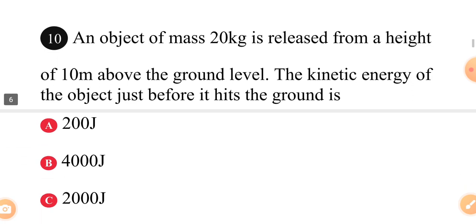Question number 10. This one I will show you how it is solved. An object of mass 20 kg is released from a height of 10 meters above the ground level. The kinetic energy of the object just before it hits the ground is dash. So we're trying to find kinetic energy. The mass M is 20 kg and the height H is 10 meters.